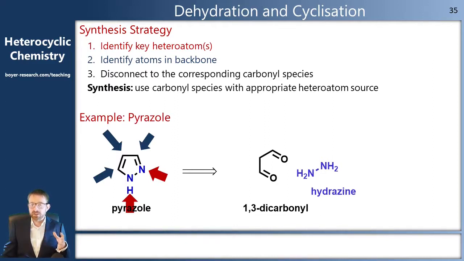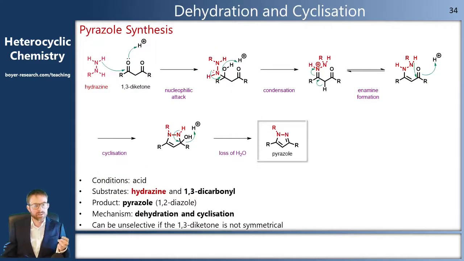Hydrazine is very nucleophilic because the lone pairs of each of those 2 nitrogens repel each other, therefore making an already nucleophilic nitrogen atom even more nucleophilic. In a similar mechanism, we activate our 1,3-dicarbonyl species with acid, and our nucleophilic nitrogen attacks.